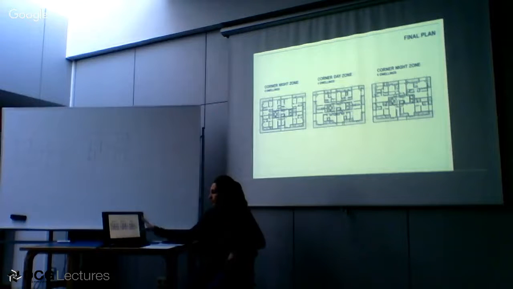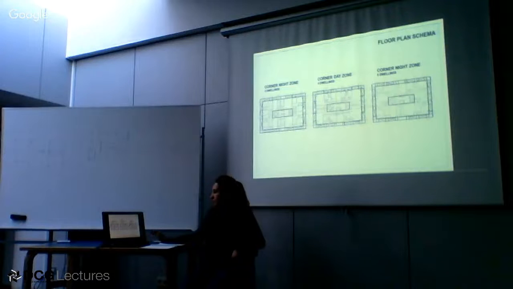So the main differences between the first 2, that are both with 4 dwellings per floor, is that in one case we had the night zone at the corner of the building, and in the other case we had the day zone on the corner. And just this difference made me think of rules to later generalize the organization of the floor plan itself. And then there was the plan with 5 dwellings per floor.